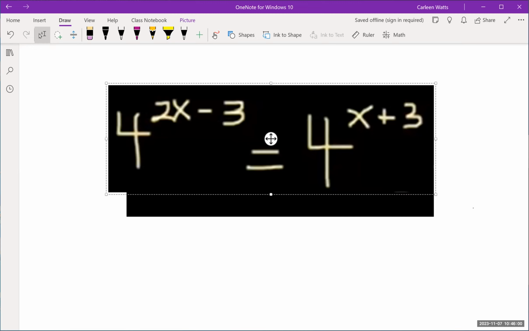You are solving an exponential equation. Okay, so we notice that they have the same base. Yeah. So in the notes, this video, we say if the base is the same, then, okay, so go ahead and write this down because this is gonna disappear in a second because I can't plug my mouse in anymore.